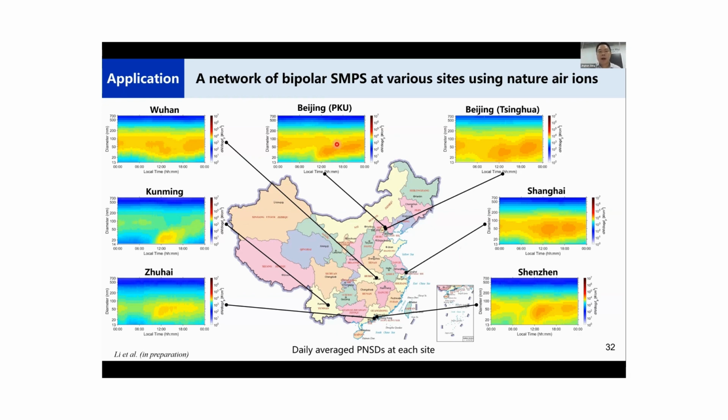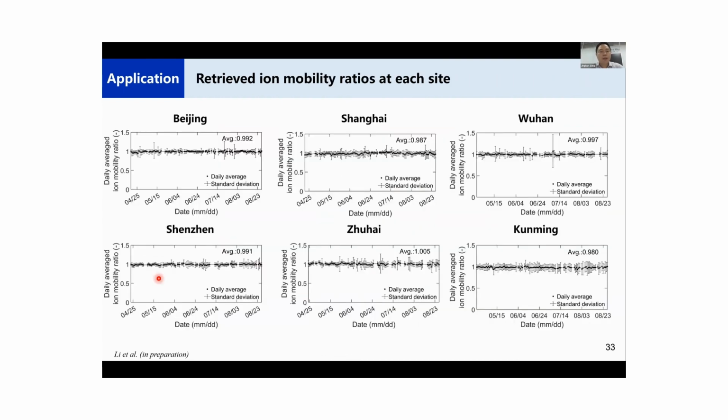We also compare the integrated number concentration from the size distributions with that directly measured with CPCs. The data show pretty good agreement as well. This slide shows the retrieved ion mobility ratio for these six different sites. Generally, the ratio is close to 1 during this period.